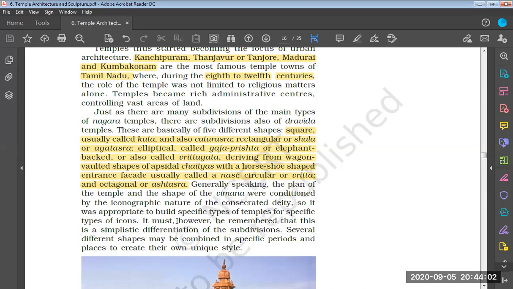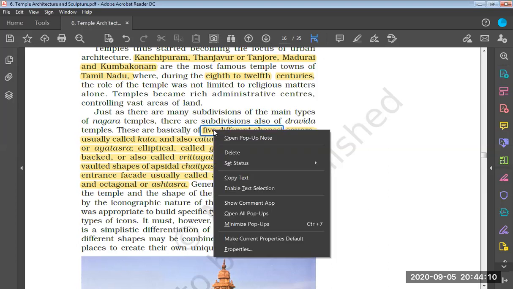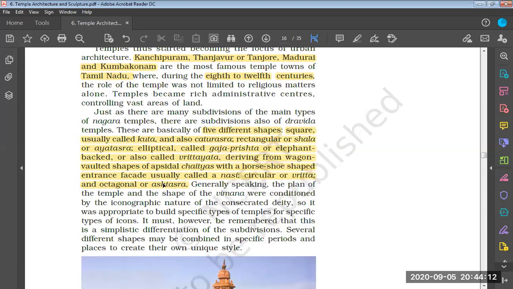These are basically of 5 different shapes. Square is usually called kuta and also chaturasra. यानी स्क्वायर होता है, अगर स्क्वायर उसका शेप तो उसको कूटा भी बोला जाएगा, एंड देन द चतुरास्र. If rectangular, then it is called shala or ayatasra. अगर इलेप्टिकल है तो बोलेंगे गज पृष्ठ, elephant backed, and also called vrityata.